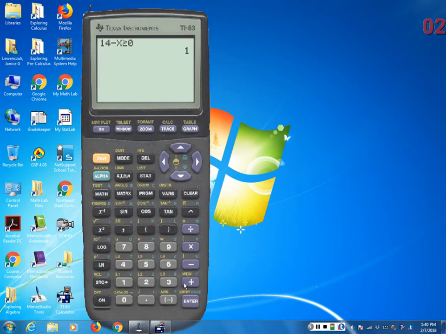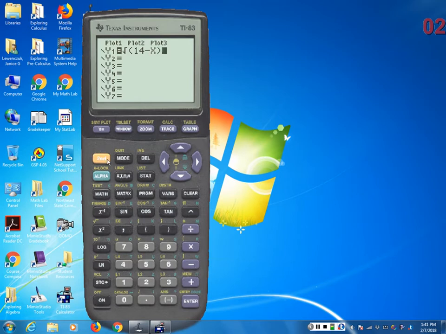Oh, it's just 1. That doesn't work. Do we put it in y equals? Oh, because I didn't put the square root. Am I checking that?